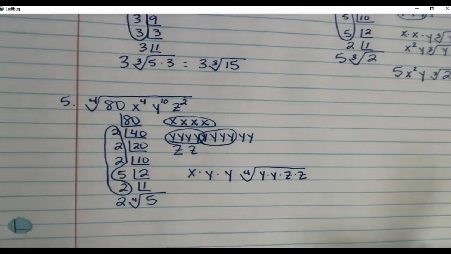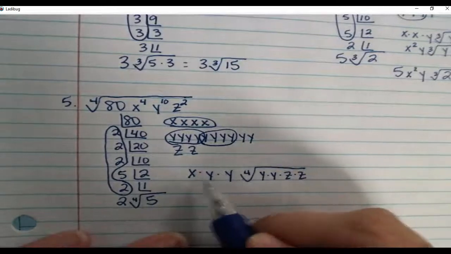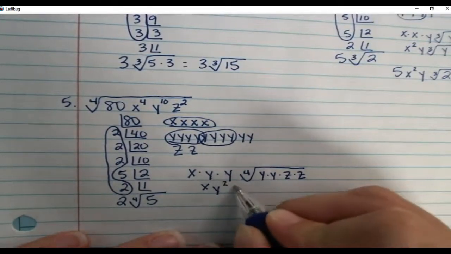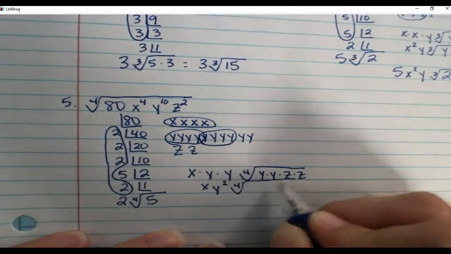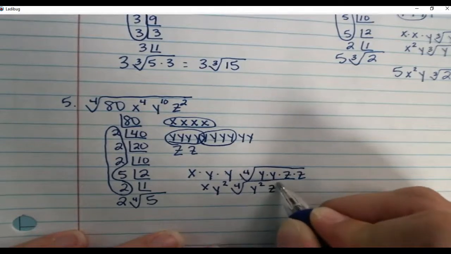Questions? So then we can multiply them. x, y times y is y squared. And on the inside, y times y is y squared, and z times z is z squared.